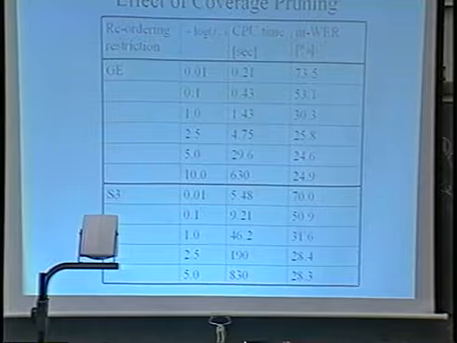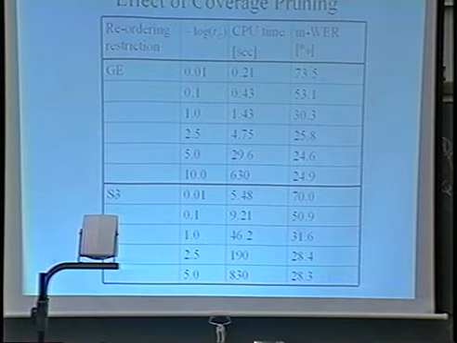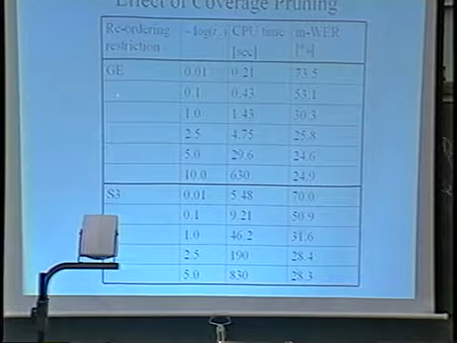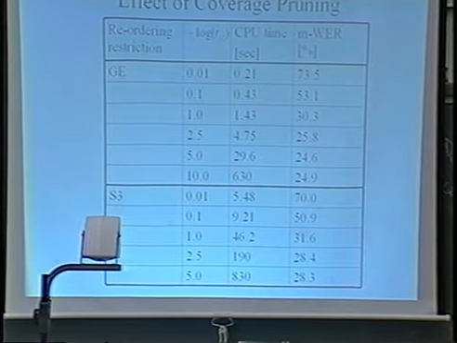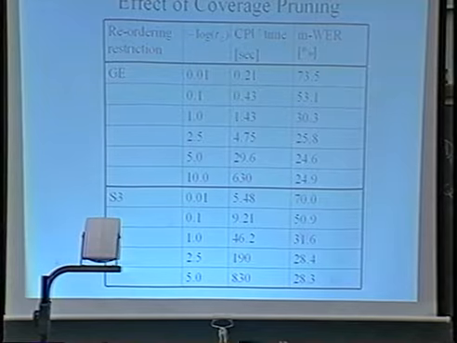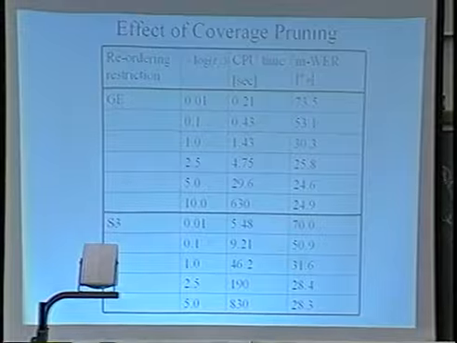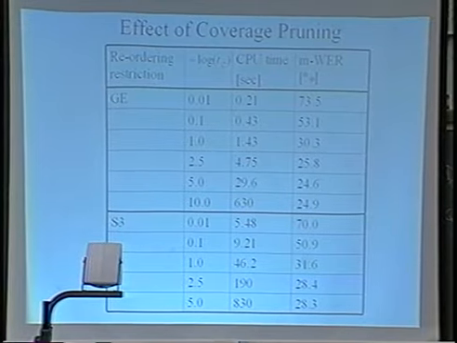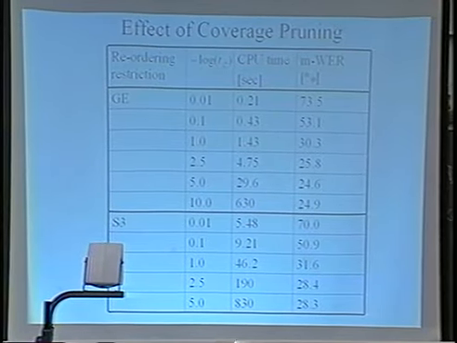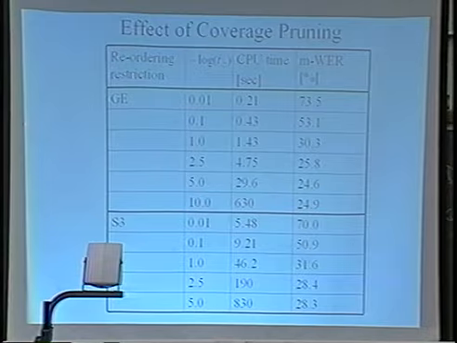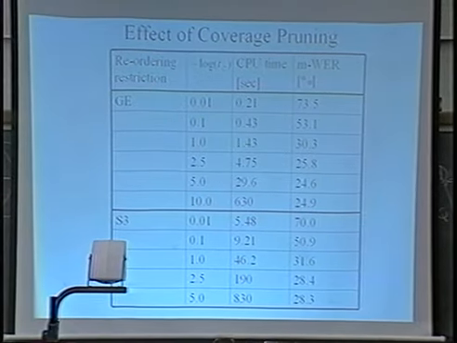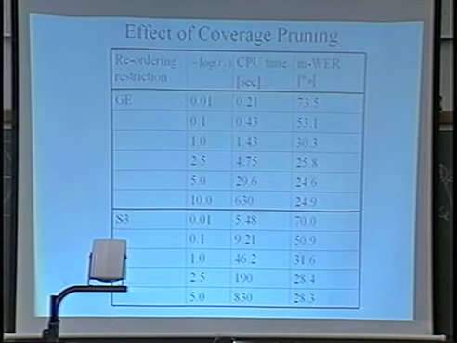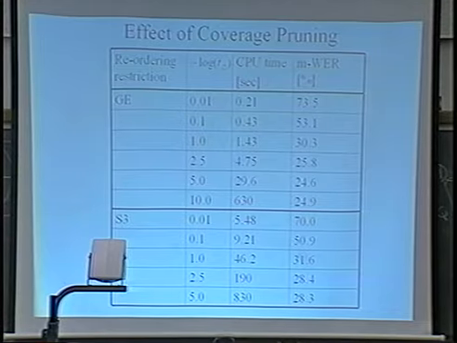So these are some coverage pruning effects for the two reordering restrictions. GE restriction is for the translation direction German into English, and S3 stands for skip 3, leaves 3 holes, for the IBM-style restriction. The complexity upper bound for the GE restriction is lower than for the S3 restriction, so generally the search can be carried out faster.